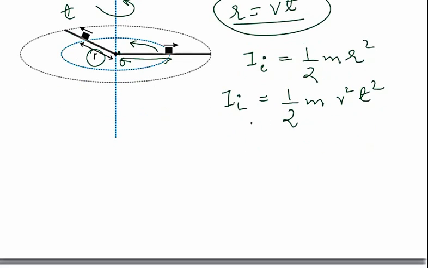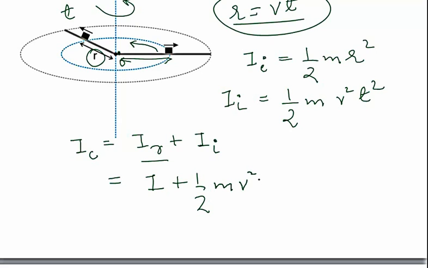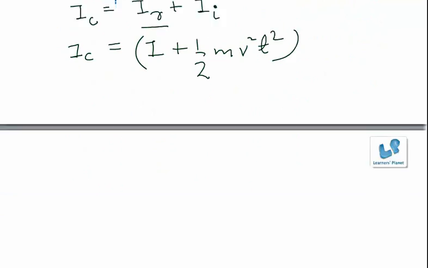Now the combined moment of inertia will be the moment of inertia of the rod plus the moment of inertia of the insect. The rod's part is not going to change with time, so let us say this is some constant I, and we have half m v square t square. This is the combined moment of inertia of insect and rod.